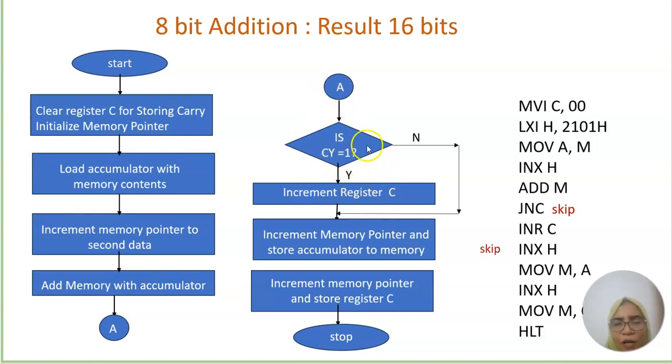After addition, we have to check the carry flag. If carry flag is 1, increment register C. Otherwise, we skip this instruction, that is, register C will be 0 itself. Then increment the memory pointer to store the accumulator to that memory location. Then again increment the memory pointer to store register C, which is actually the carry contents. Then stop.